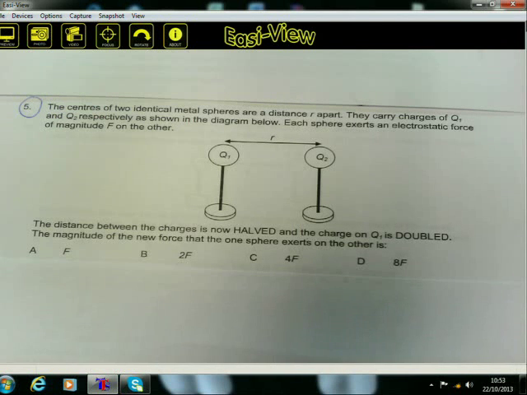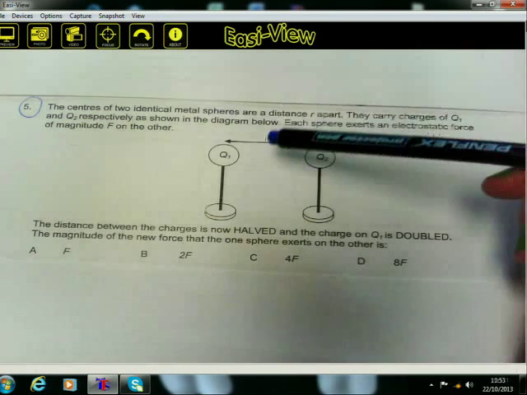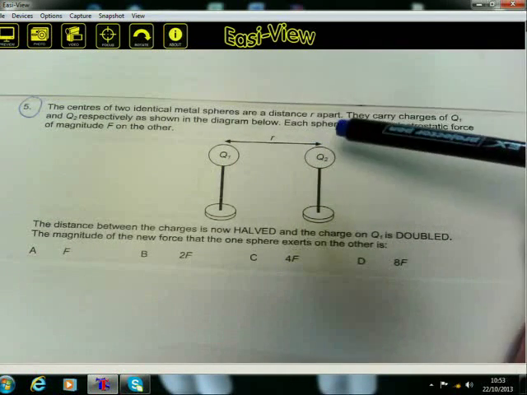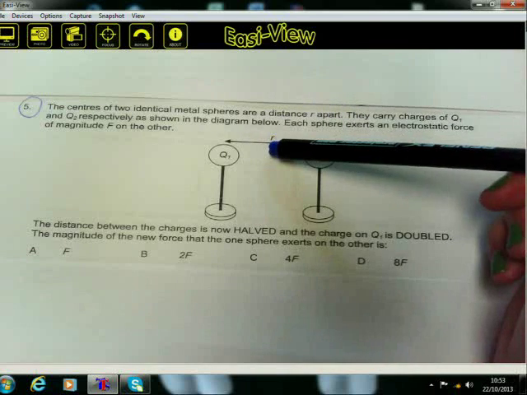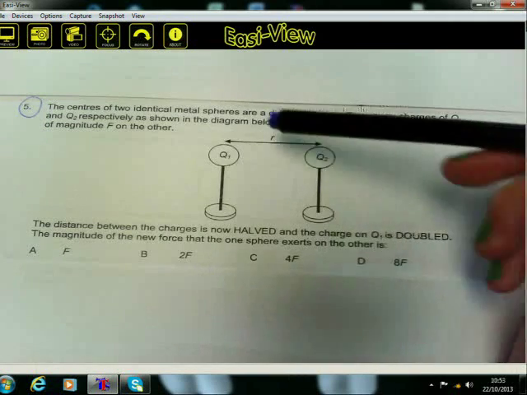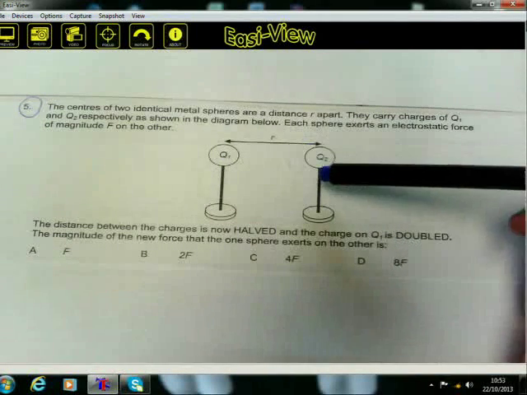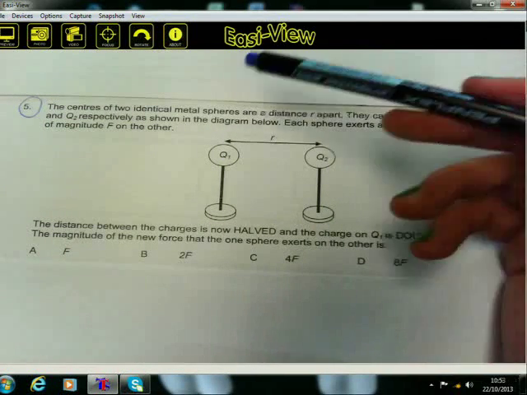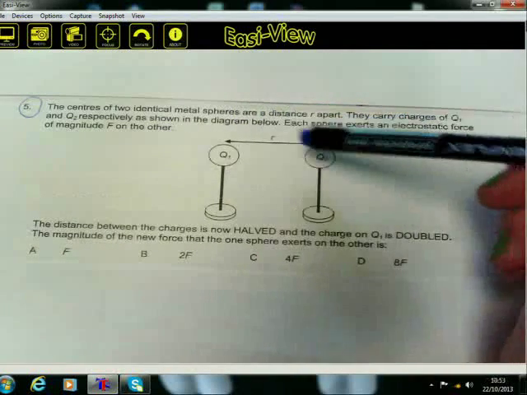The question of number 5 says, the centers of 2 identical metal spheres, and they drew a picture for you, are a distance r apart. They carry charges of Q1 and Q2 respectively. So they have identical charges as shown in the diagram below.